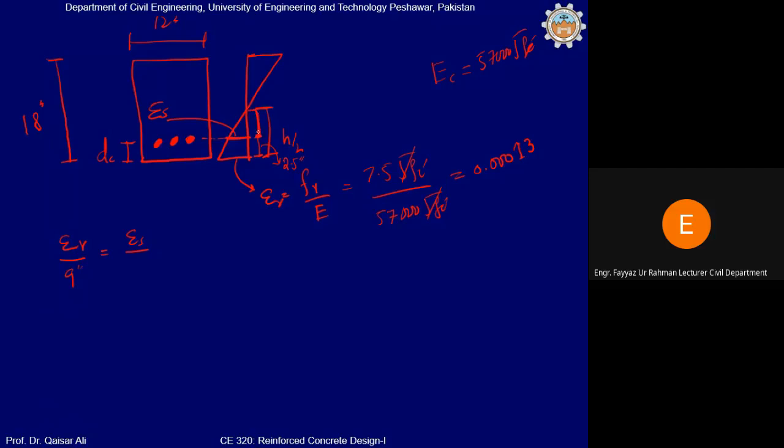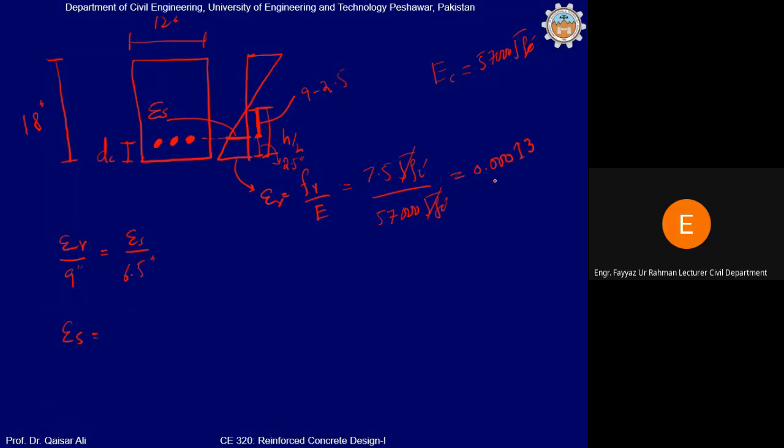Clear? What will this distance be equal to? 9 minus DC, for example 2.5 inches. So Es is divided by 6.5 inches.